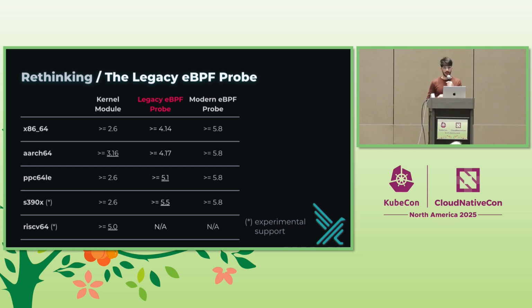And I would say also that kernel version 5.8, which is the bare minimum for running the modern eBPF probe, has been around for a while. I would say 5 years. Yeah, it's 5 years.